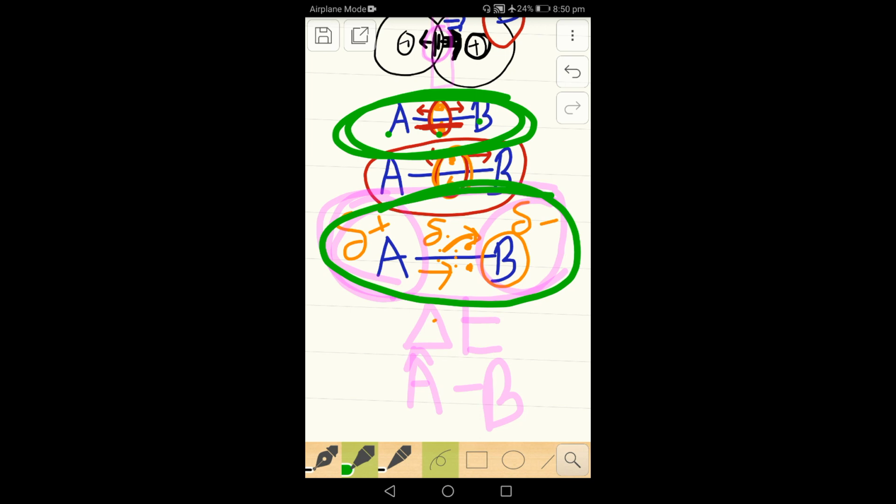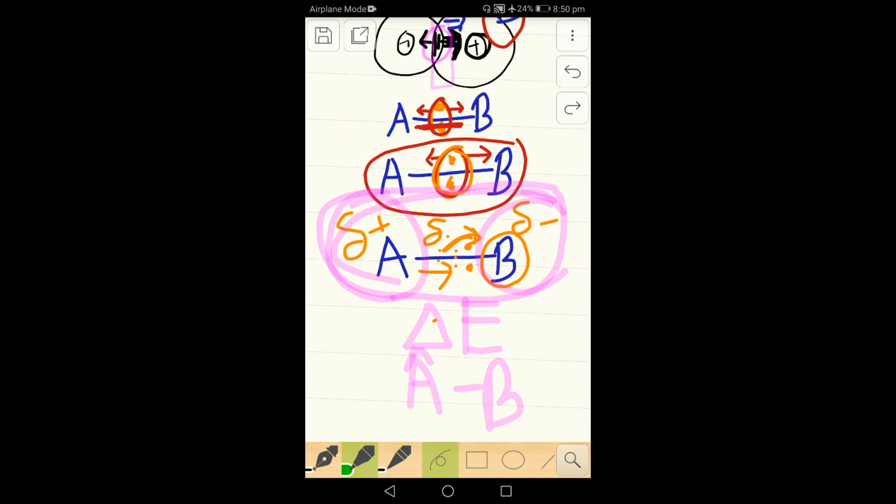So this bond would not be a permanent dipole, because there is no permanent shifting. It remains on average in the middle, which is not the case here.